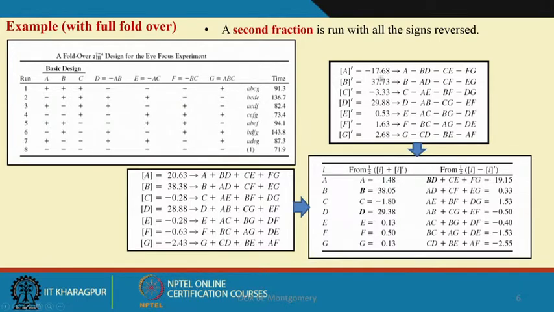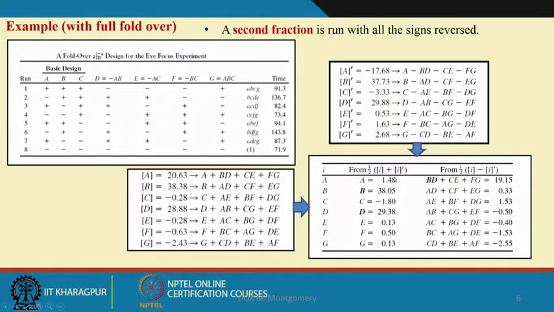So, this indicates that there is a problem with A, and when you combine the two data sets and finally de-alias the factors, what are you getting? You see, A effect is negligible, B and D effects are significantly large, and from here you are getting BD effect with some alias as 19.15. So, BD effect is also large. That is the conclusion.